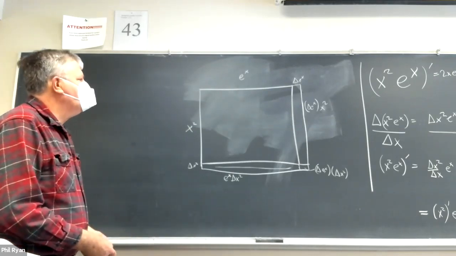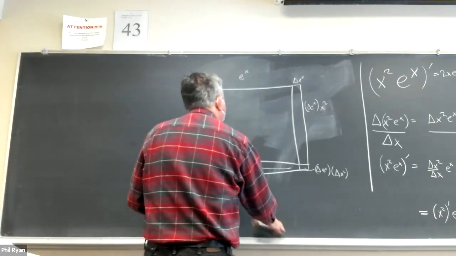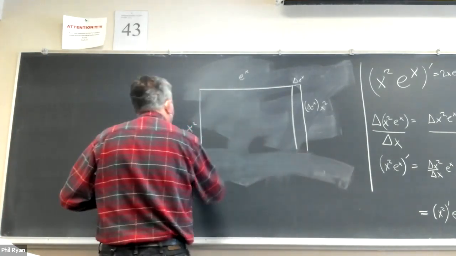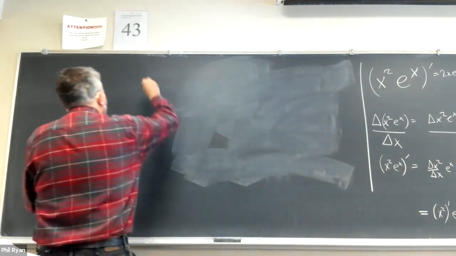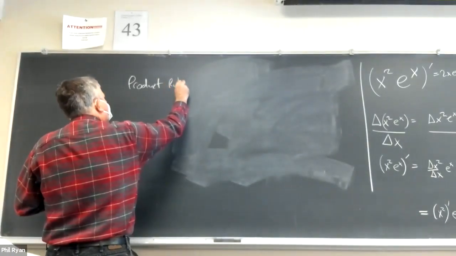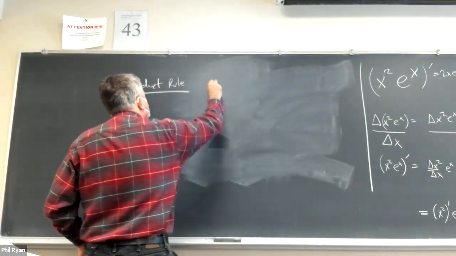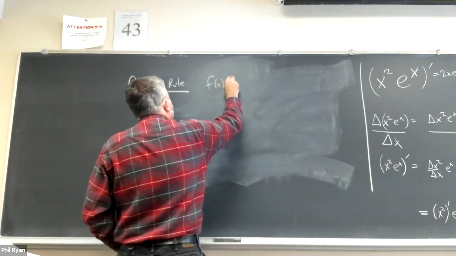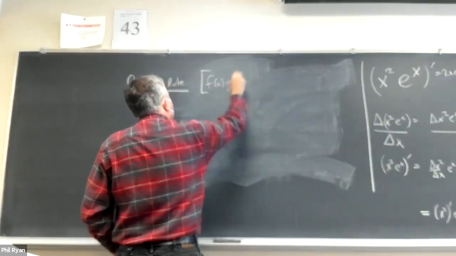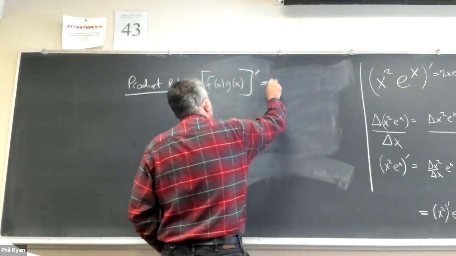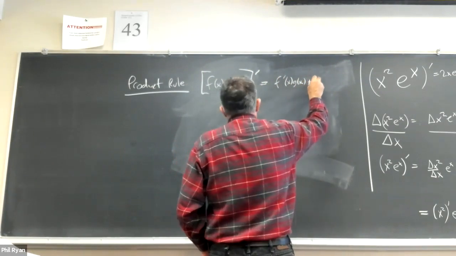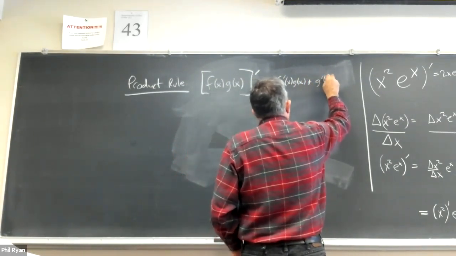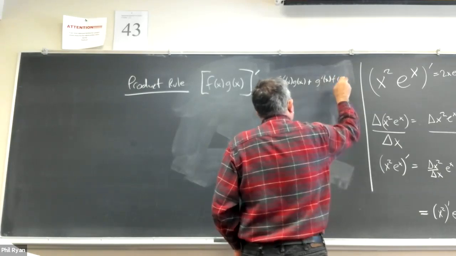So let's write this as a rule then. This is known as the product rule. It says that if you multiply two functions together, when you take their derivative, you get f prime of x times g of x plus g prime of x times f of x.